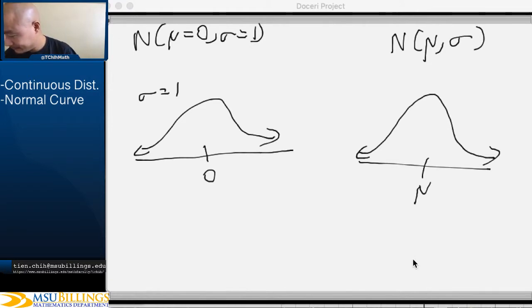And we're going to denote the variables of this curve on the left with z's, and the variables here with x.